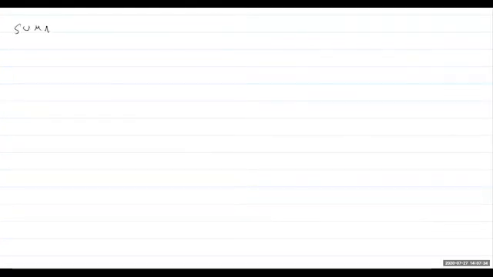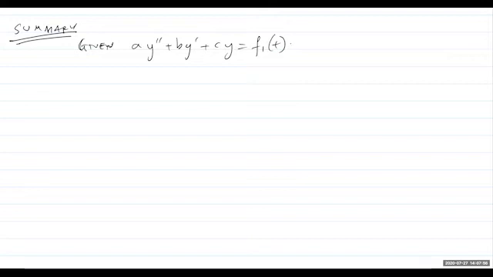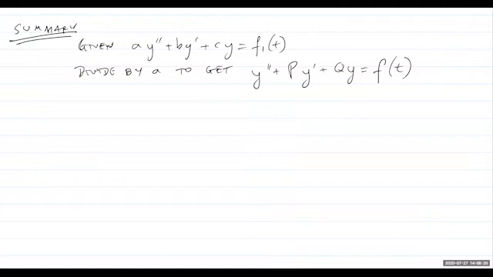All right, summary. Given the equation ay double prime plus by prime plus cy equals f1 of t. First, divide by a to get to y double prime plus py prime plus qy equals f of t. Step 1. Solve the homogeneous equation for y1, y2 linearly independent.